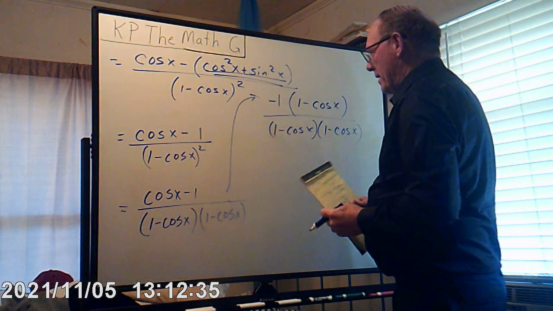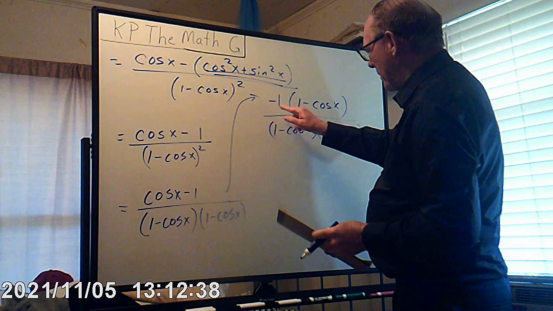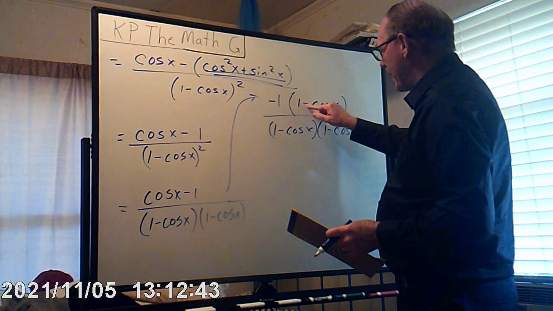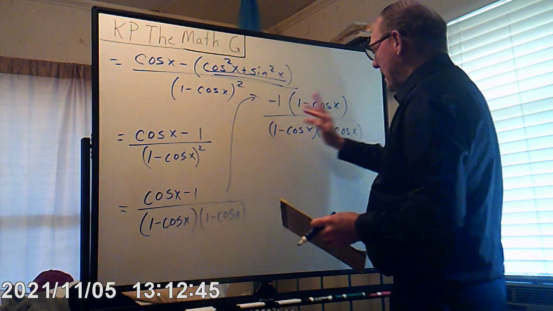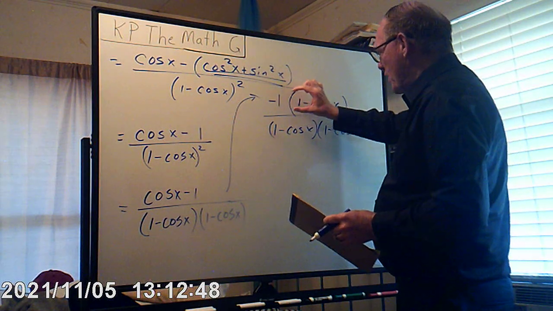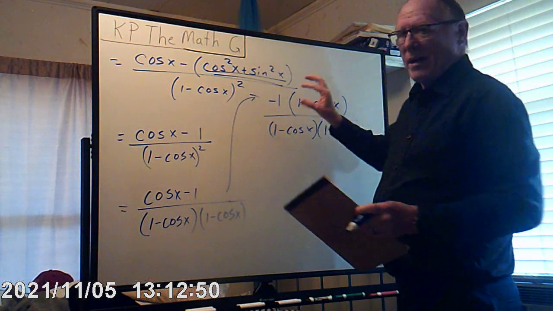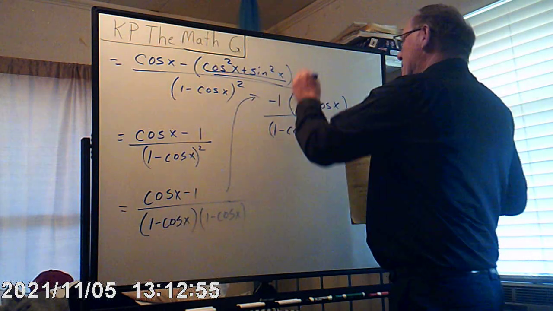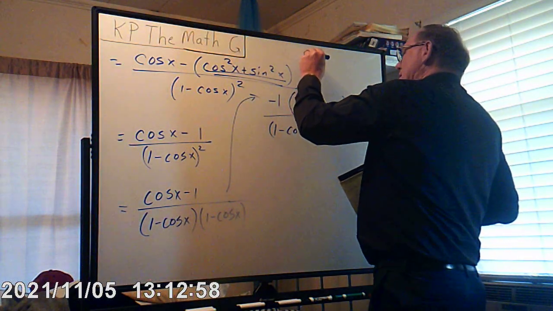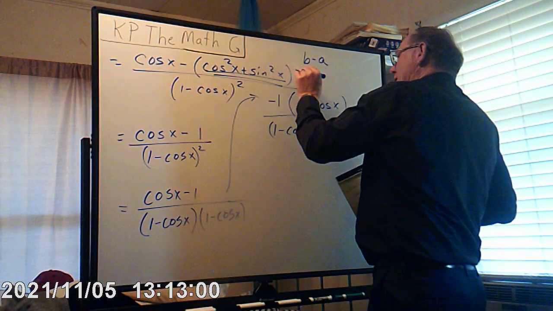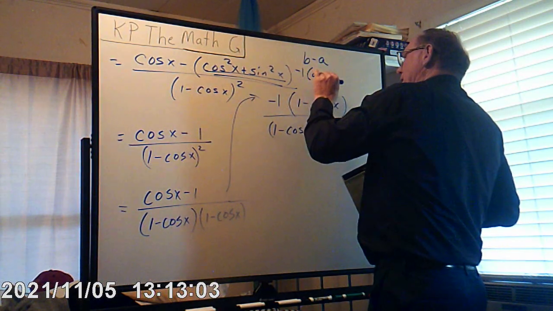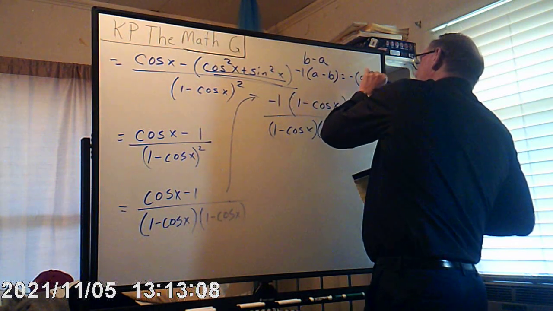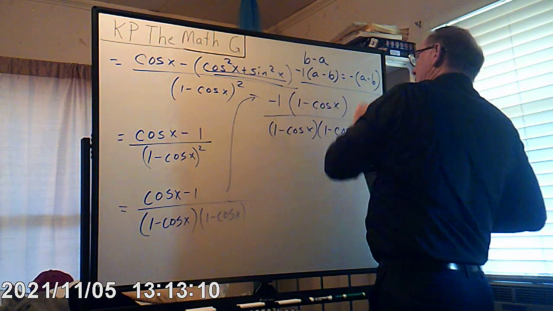If we multiply this back, negative 1 times 1 is negative 1, and negative 1 times negative cosine x is positive cosine x. Anytime you take out a negative sign, you can simply turn that around. In other words, if I have b minus a, and I take out negative 1, then I've got a minus b, or equivalently negative a minus b. So that's where I'm coming from with that.